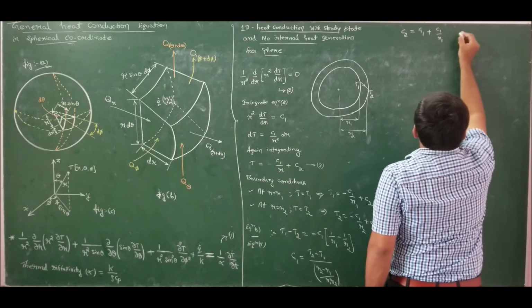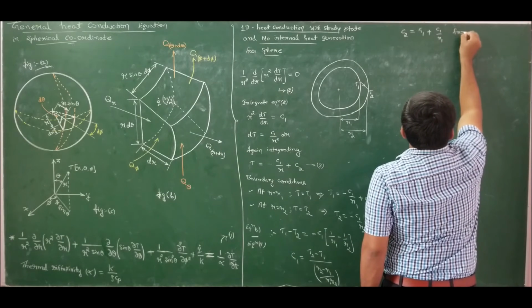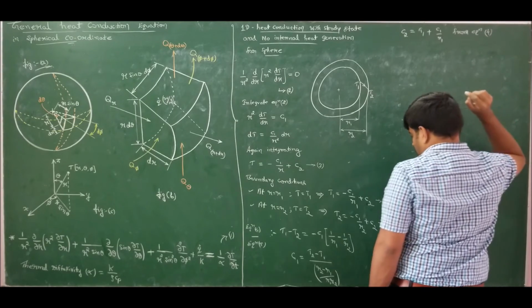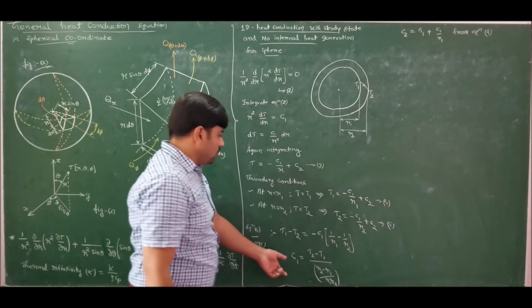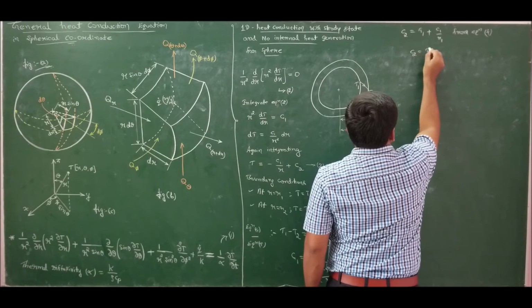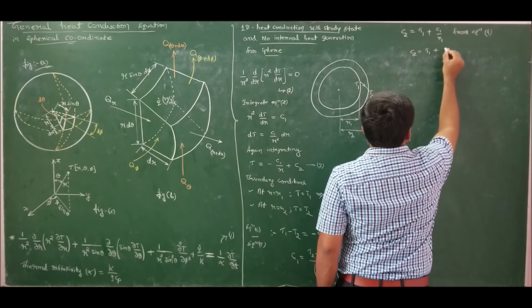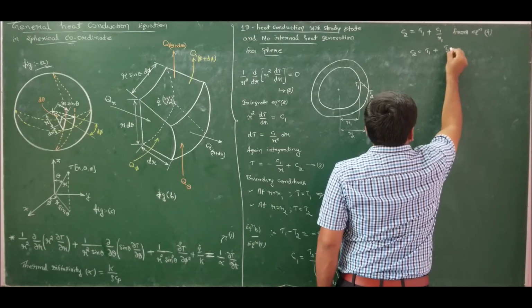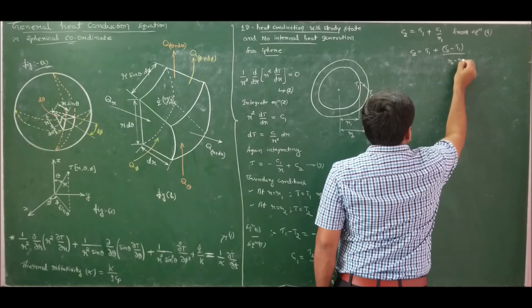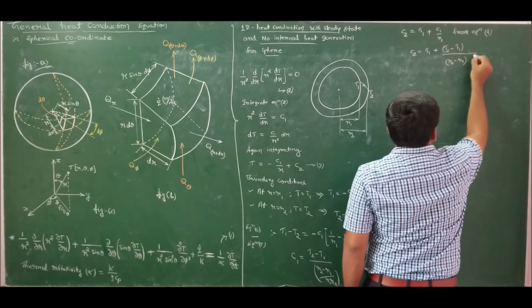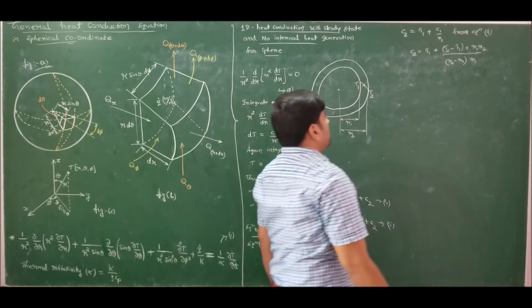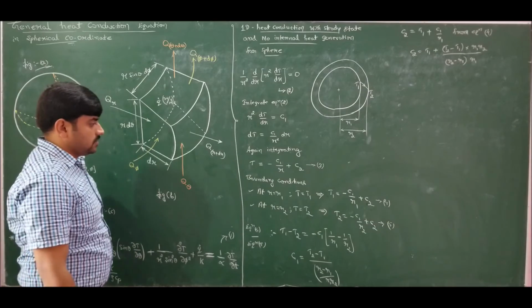Now this is from equation 4. So substitute the value of C1 that you have calculated. So if I do that, I will get the value of C2 as T1 plus T2 minus T1 divided by R2 minus R1, into R1 R2. So this is what we got.